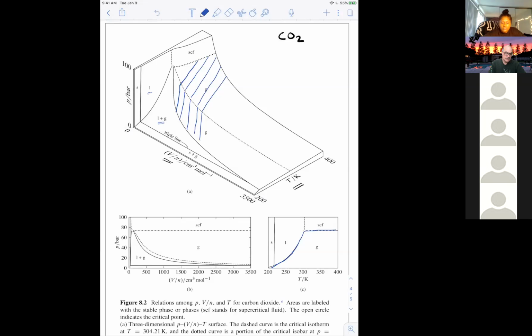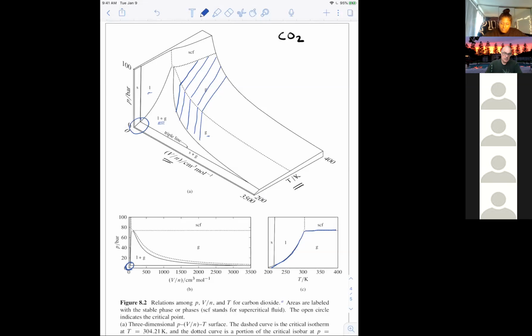There's a solid region. This is CO2, and what I want you to think is that we live in areas that are just way down here in this corner in terms of pressure, right? So it's difficult for us to think about this.